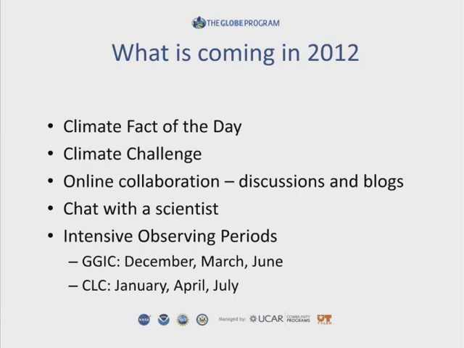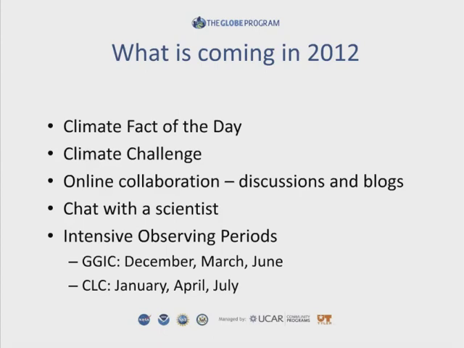The third item that's listed here is one of the items that we're most excited about here in the program office, is that with our new website, we're going to have the opportunity to communicate with each other online in almost real time. We'll have discussion forums, we'll be able to have blogs, science blogs.